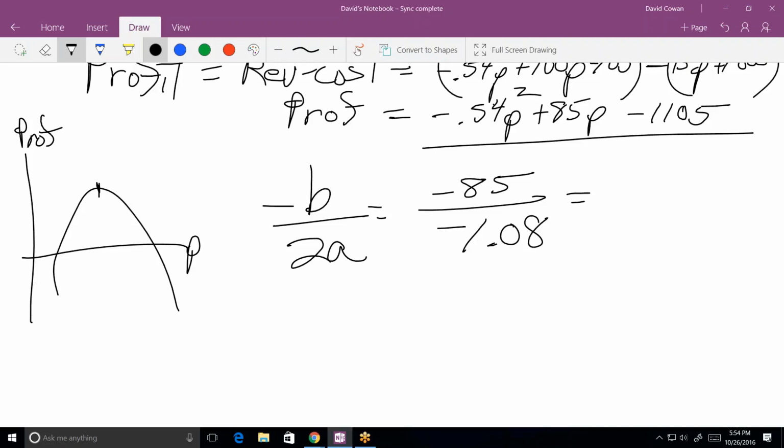So what's 85 divided by 1.08? 78.3? No, 78.70.